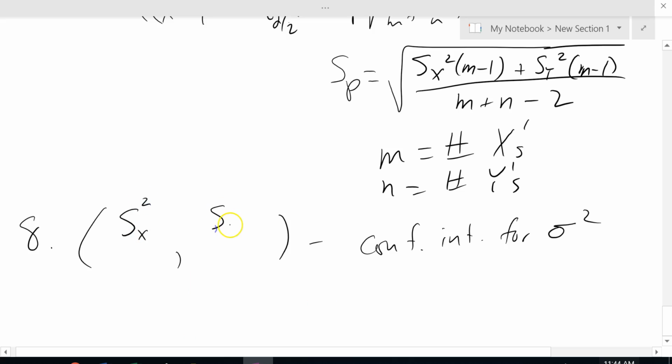I got too happy writing these things down. I have to divide this by something. This is going to be your chi square of alpha over 2 on this one. And this is chi square of 1 minus alpha over 2 on this one. And the degrees of freedom are, since I'm using m as the number of x's, I'll use m here.